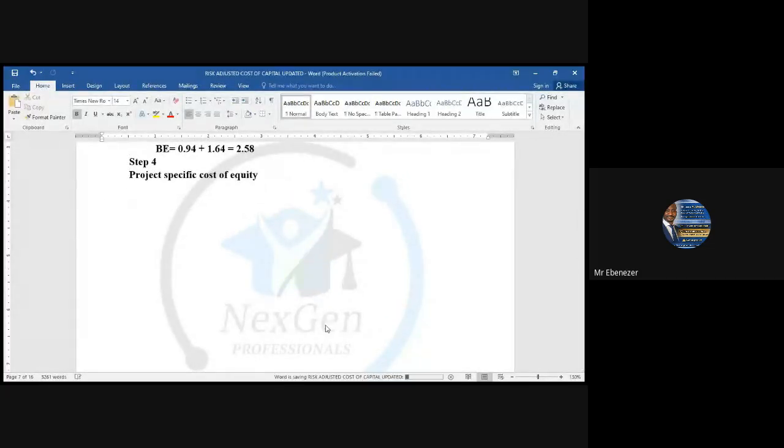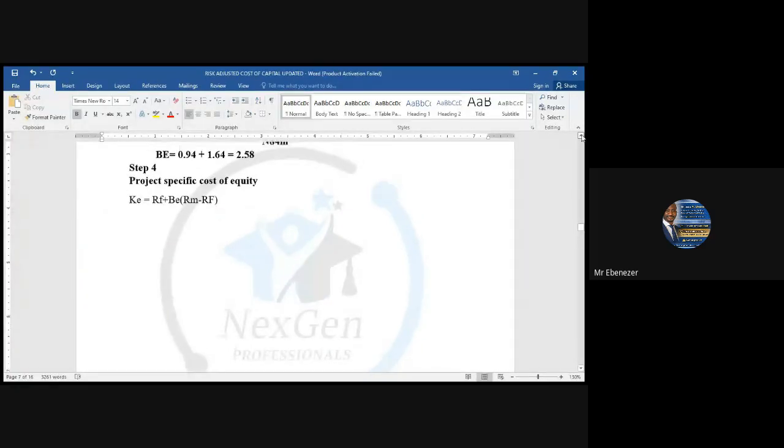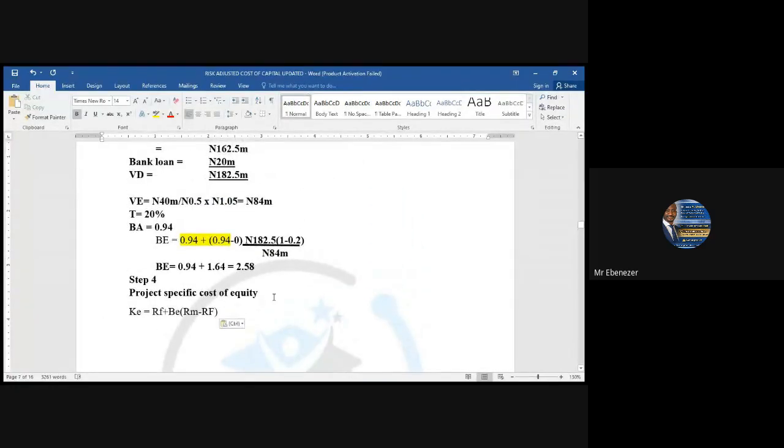Project specific cost of what? Cost of equity. So you go back to our formula for calculating cost of equity, which is CAPM.